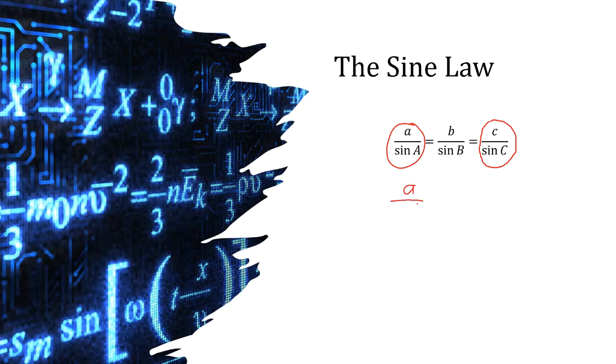You can have A over sine A equivalent to C over sine C. You just have to equate them together in order to solve for one of the missing values.